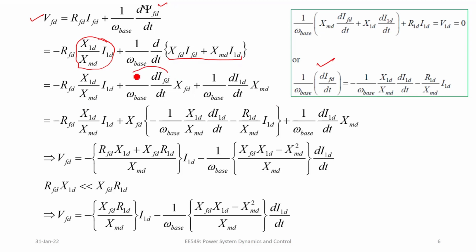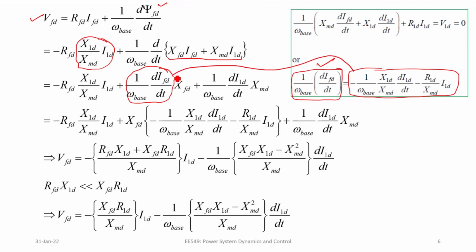Now we have an expression for this term. If I substitute minus 1 by omega base X1D XMD by XMD into d I1D by dt minus R1D by XMD into I1D in this equation, your equation will look like this.